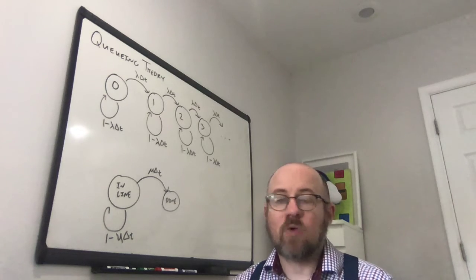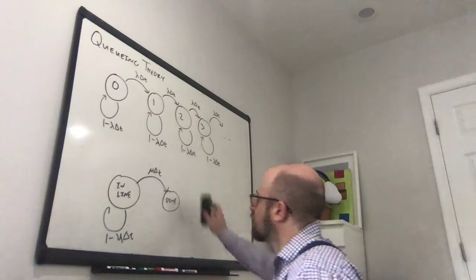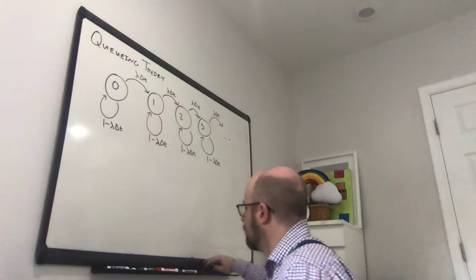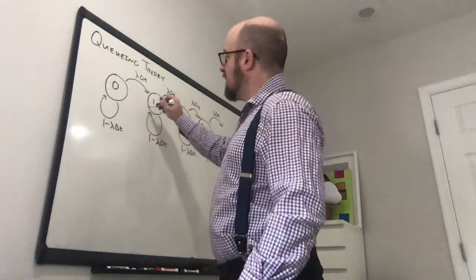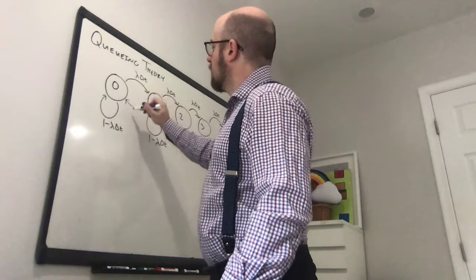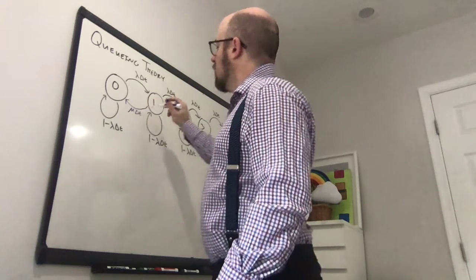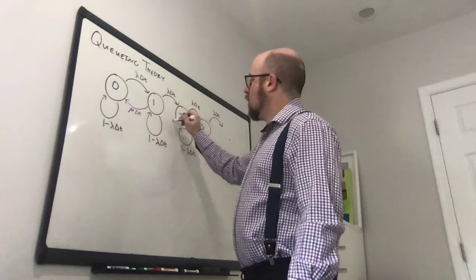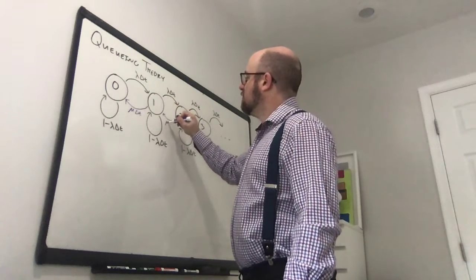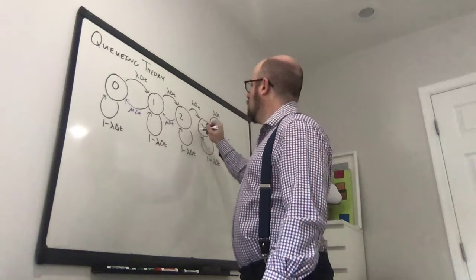Okay? And so what we're going to need to do is put in arrows that represent people leaving the line, which is to say, if somebody leaves the line, the number of people drops from 1 to 0, or it drops from 2 to 1, or from 3 to 2.